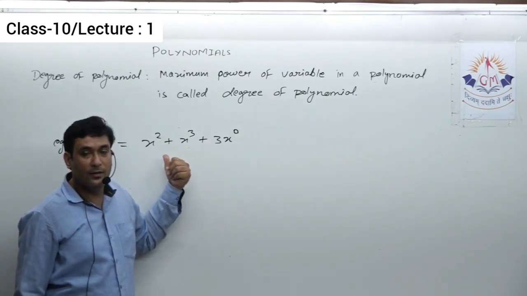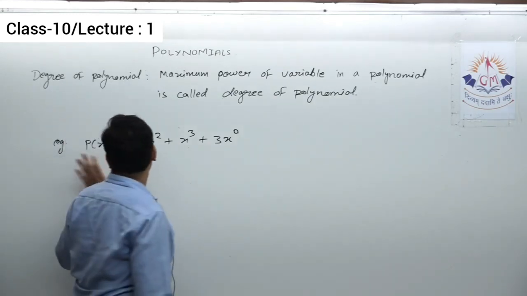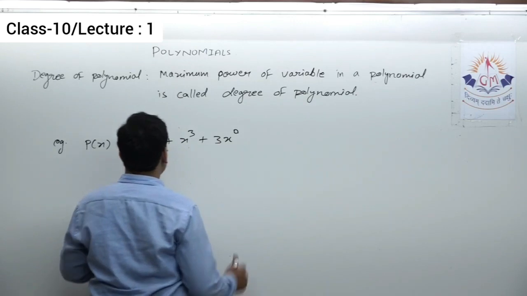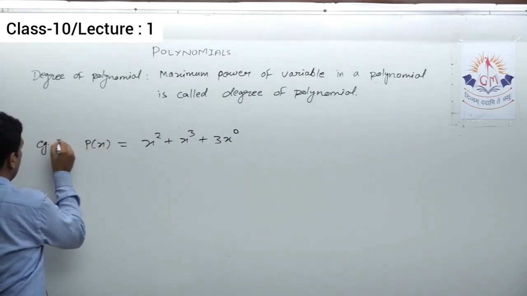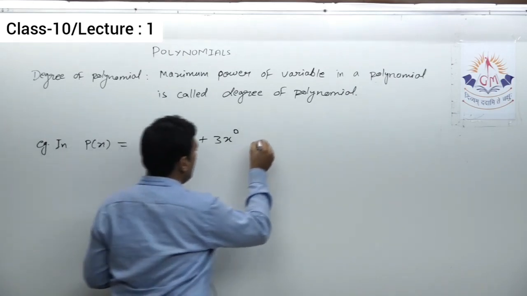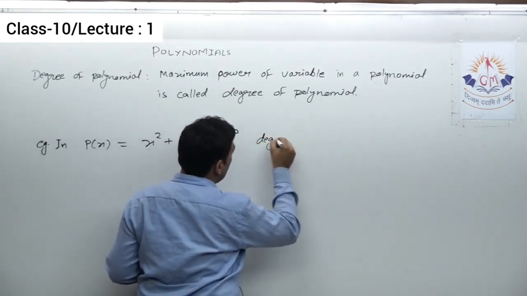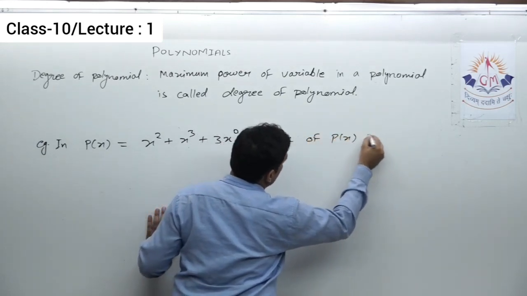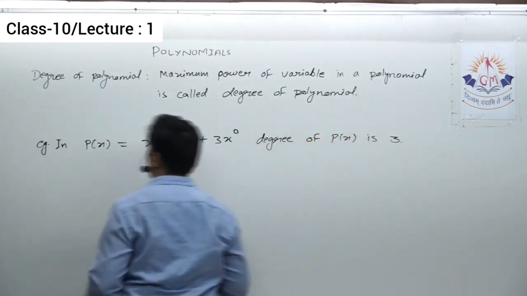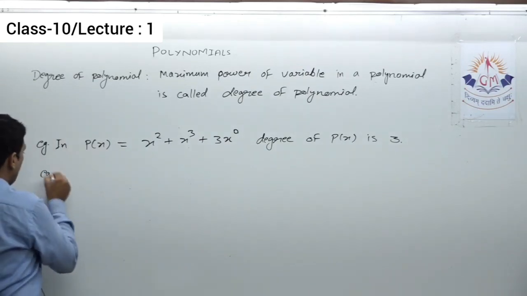So we'll say the degree of the polynomial is 3. Okay, example, in p(x) equal to this, degree of p(x) is 3.